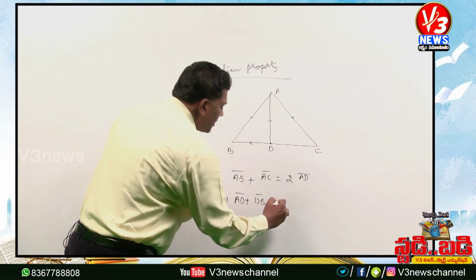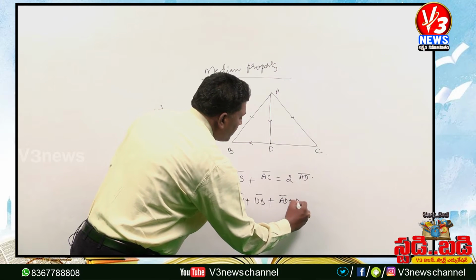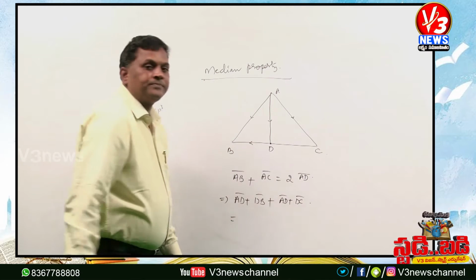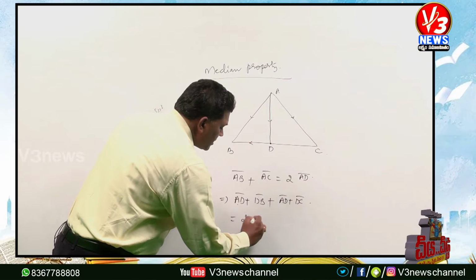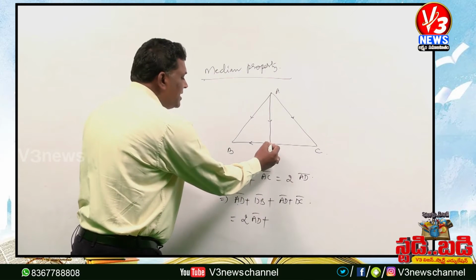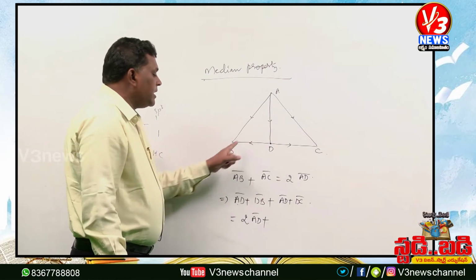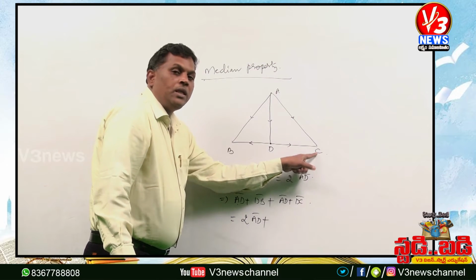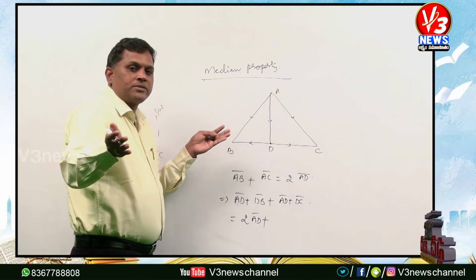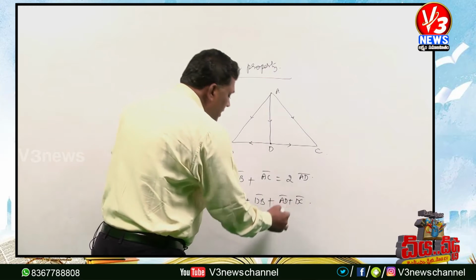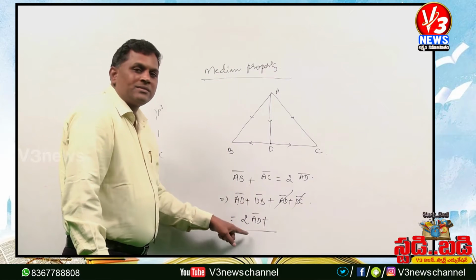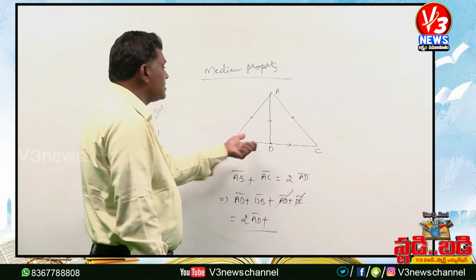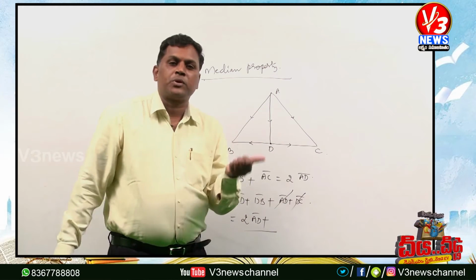Similarly, AC bar is written as AD bar plus DC bar. Then observe, AD bar plus AD bar is twice AD bar, and we know that D is the midpoint, so DB and DC are equal vectors in opposite directions. That is why these two nullify each other, and you simply get twice the vector AD bar. This is taken as the median property.